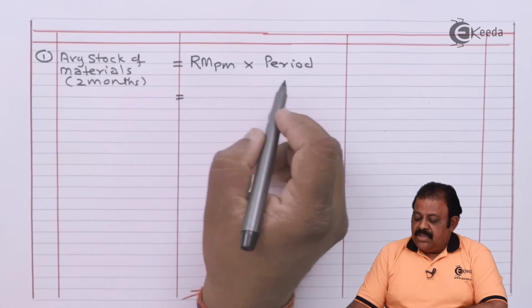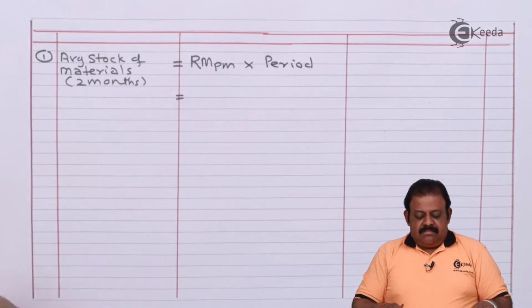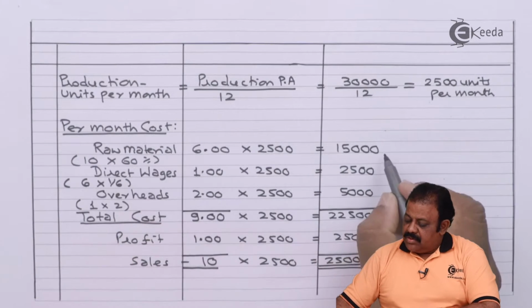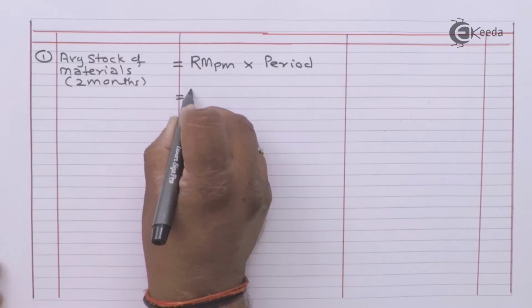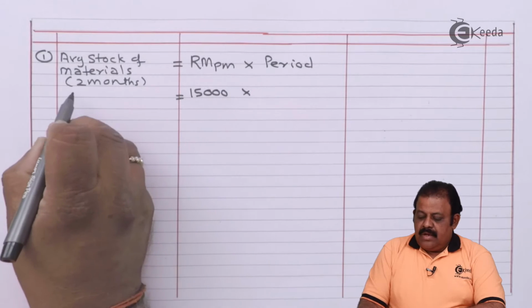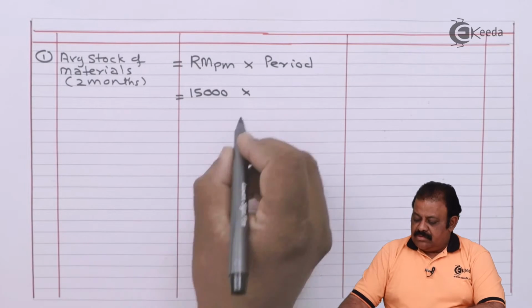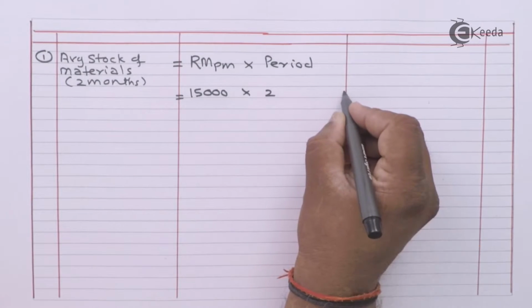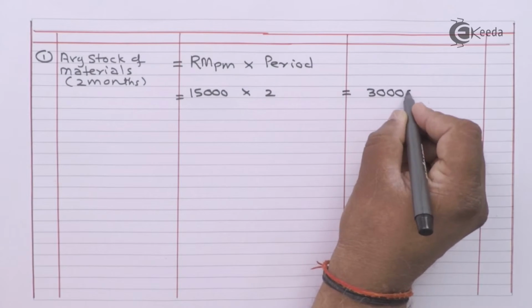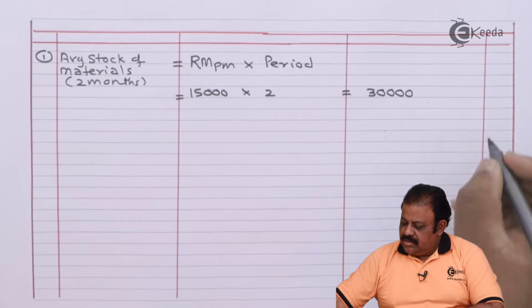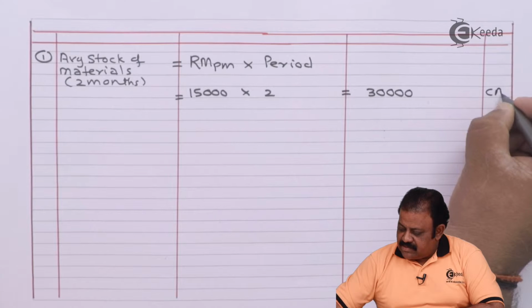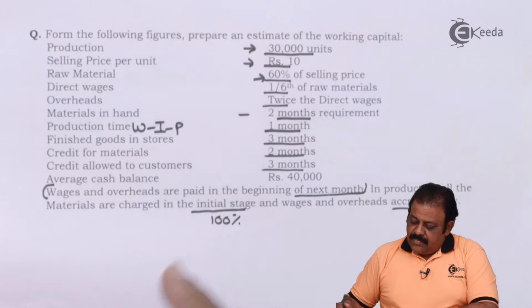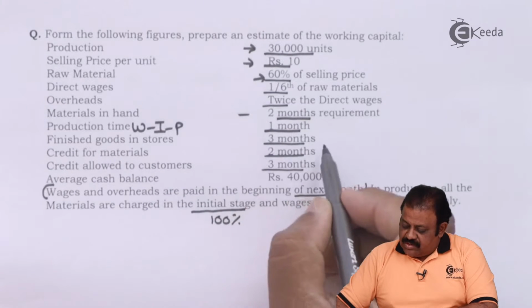Raw material per month multiplied by period. Raw material per month 15,000. Average stock of raw material 2 months, so multiplied by 2. So it is 30,000. This will be treated as current asset. Finished goods in stores 3 months.